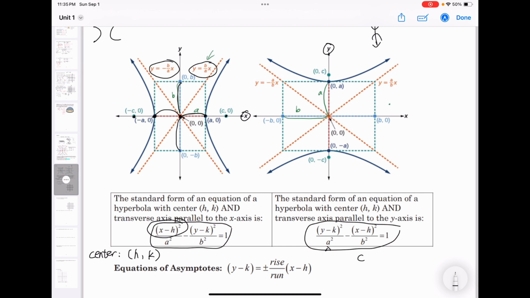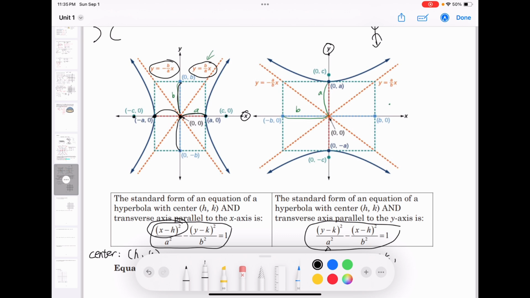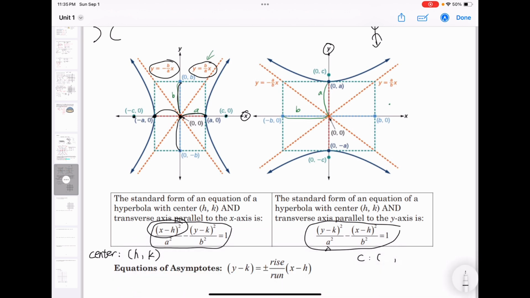So the center is h comma k. We must find our h from the x perfect square and find the k from the y perfect square.